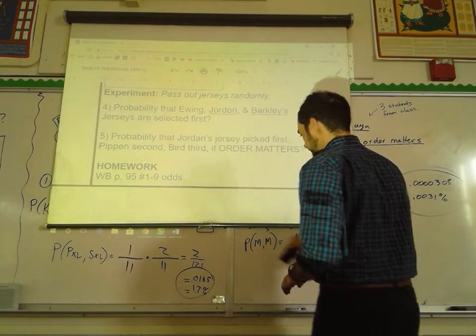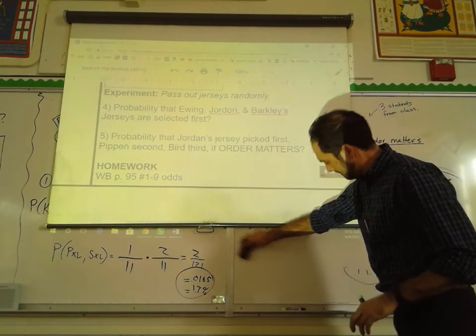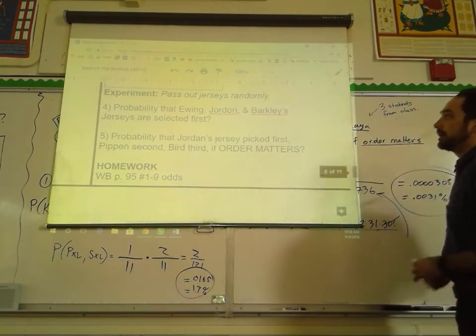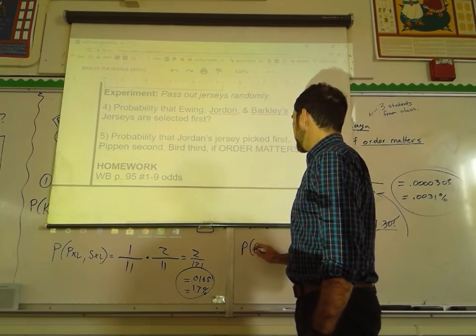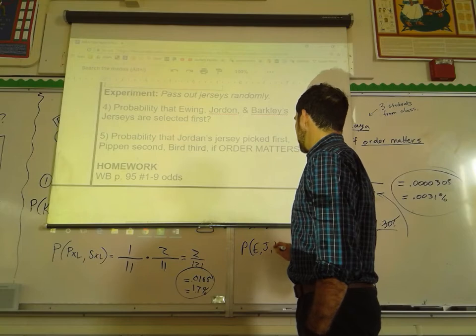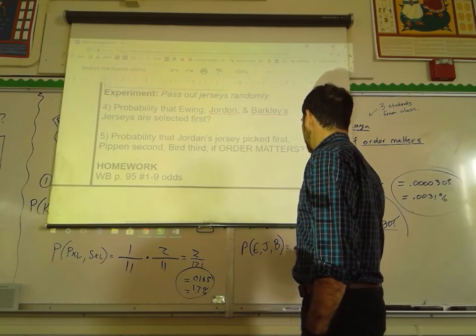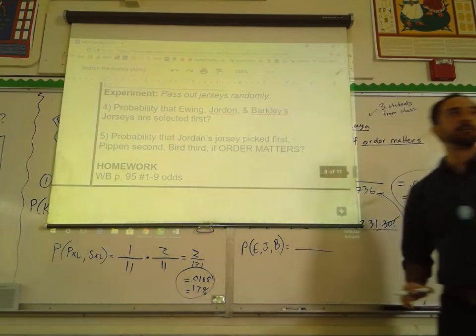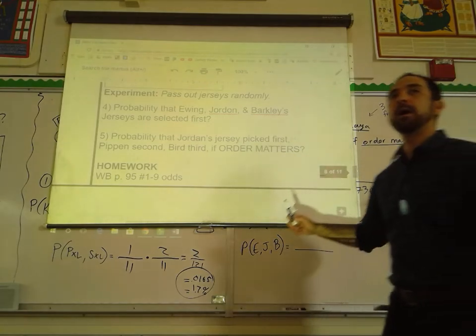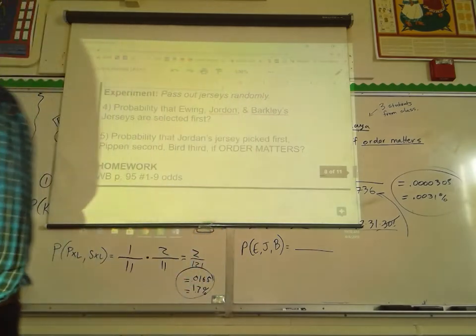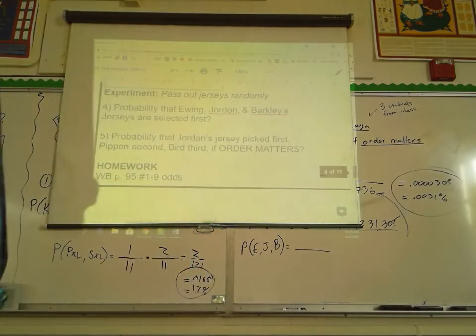So we're going to go ahead and work that out over here. Probability of Ewing, Jordan, and Barkley. First off, let's ask for the top portion here. How many ways can I end up with that event happening?